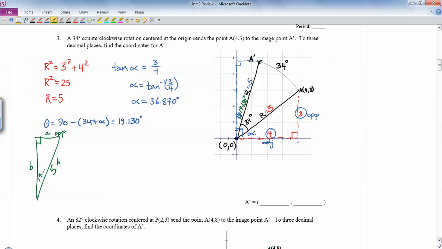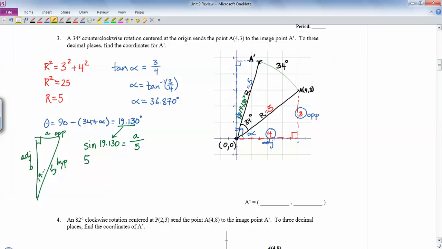This is the hypotenuse. This is the adjacent side. So if I did, let's say, sine of 19.130, really you're just going to take the answer from before and cut and paste it there. That's going to be the opposite side, A, over the hypotenuse, 5.